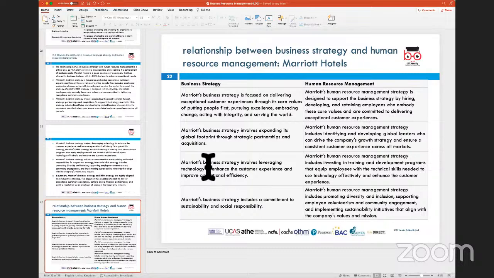As a person in the management position, your role will be to understand areas of gap which can be improved, thereby improving the overall performance of the company. Marriott is a very big hotel chain globally.